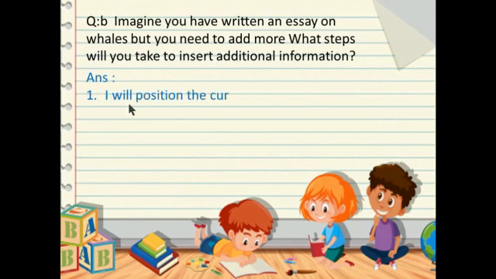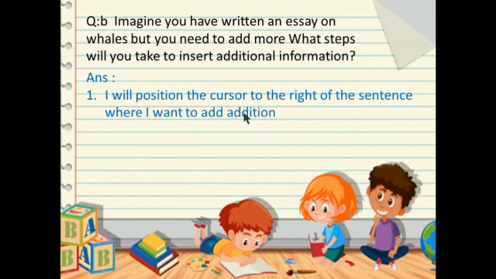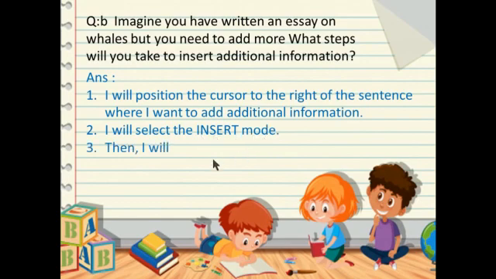Number 1. I will position the cursor to the right of the sentence where I want to add additional information. Number 2. I will select the insert mode, and number 3, I will type the new text. So if you follow all these 3 steps, you can add new information in your paragraph.